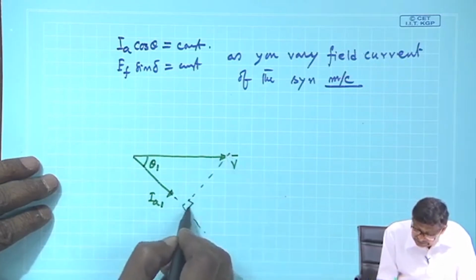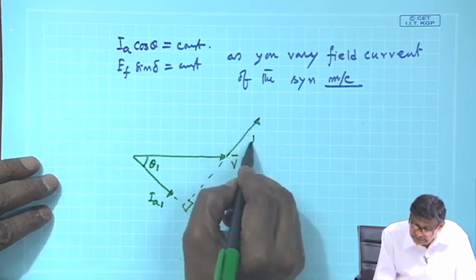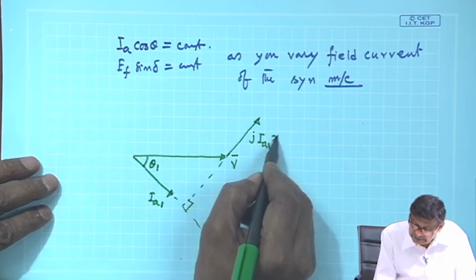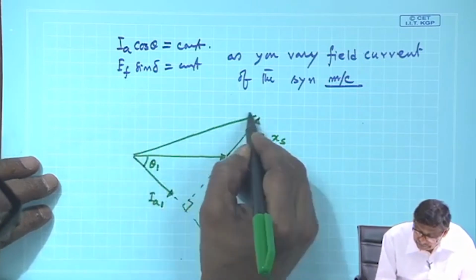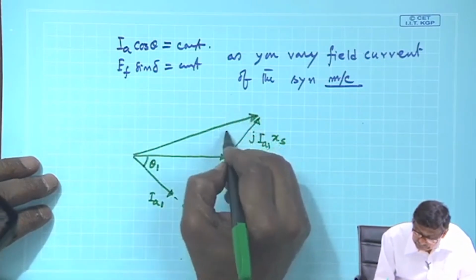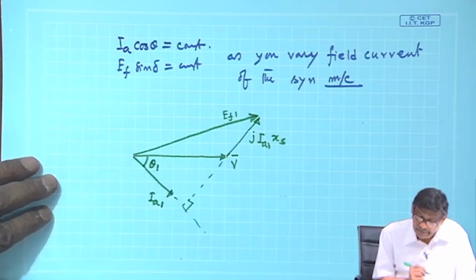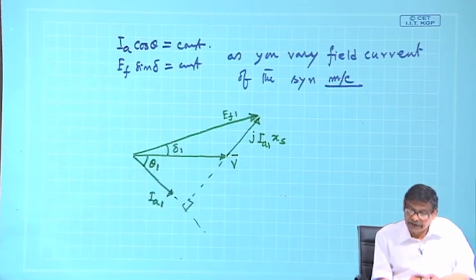This angle is 90 degrees, and you get your E f1. And this angle is delta 1, the initial operating point.